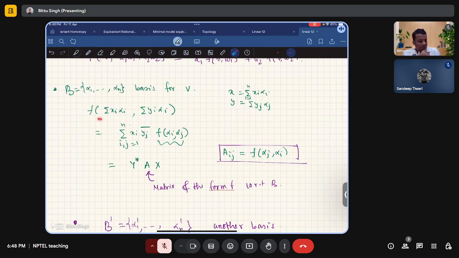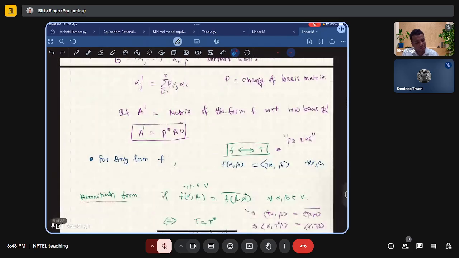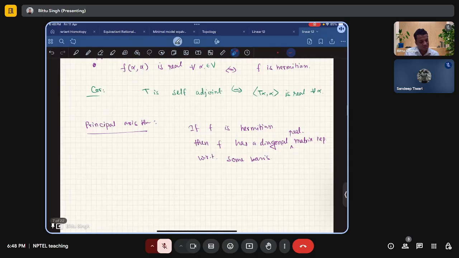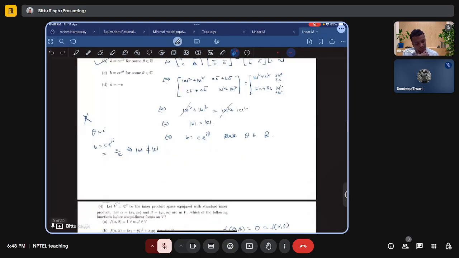If we expand any form, it will look like a scalar, denoted as a_ji, times x_i y_j bar. So we can see that x_i times x_i, those square-type terms, will not appear. So from here it is clear. Otherwise we can also check the linearity property.